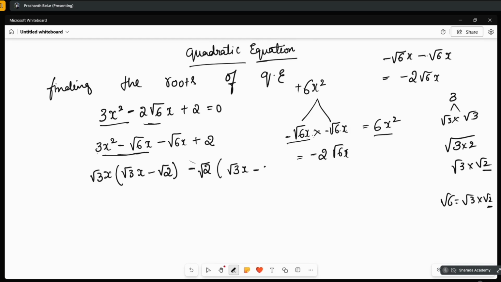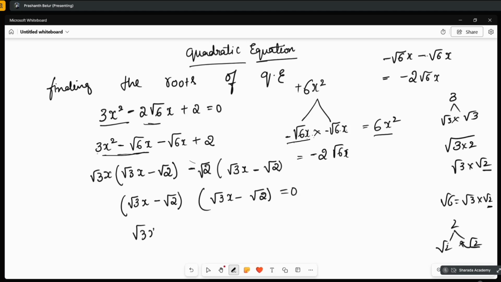And 2 I can write as root 2 into root 2, so one root 2 I have taken outside and the remaining is the other root 2. So what do I get here? Root 3x minus root 2 into root 3x minus root 2 is equal to 0.